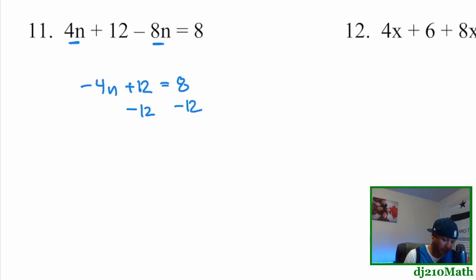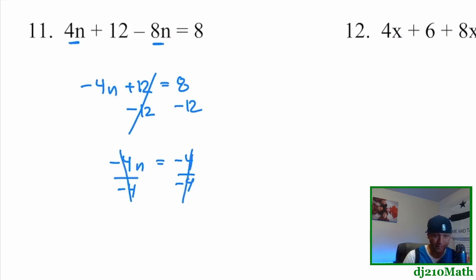Minus 12 cancels. Negative 4n equals 8 minus 12. So 8 take away 12 is going to be negative 4. When we solve for n, divide both sides by negative 4. Left cancels. Negative divided by negative is a positive. 4 divided by 4 is 1. So n is equal to positive 1.